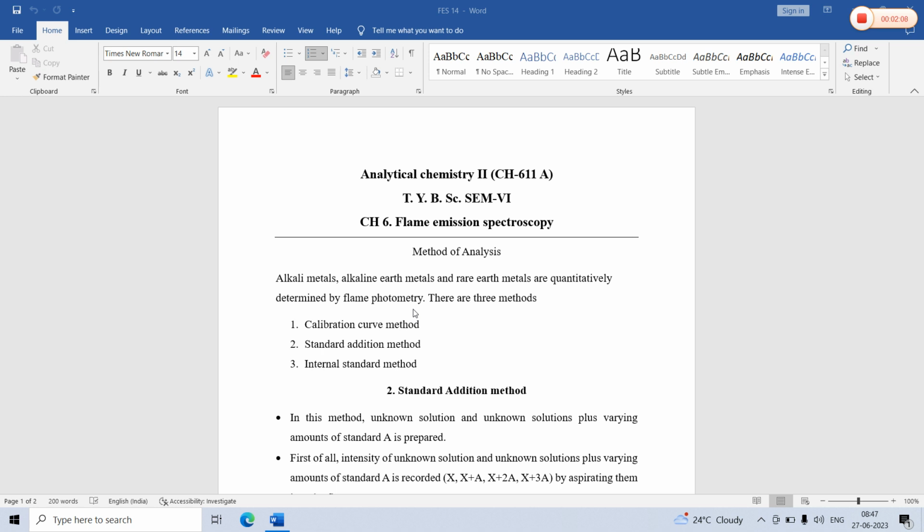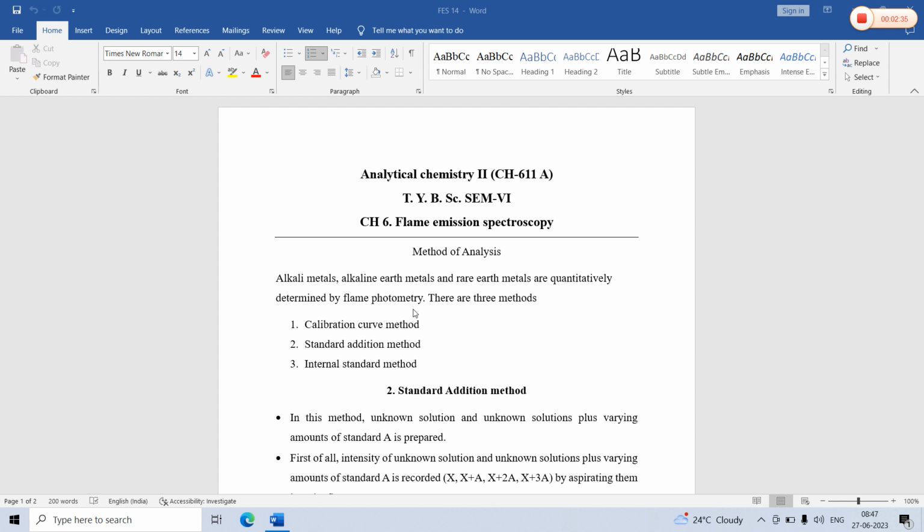Here the blank solution, that is the solvent, its intensity is also determined, and we get a graph in the nature of a line passing through the origin with slope, y is equal to mx, where m is the slope. We get the value for y, then we put the value of y into y is equal to mx.